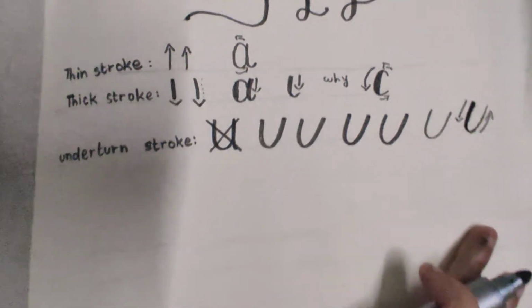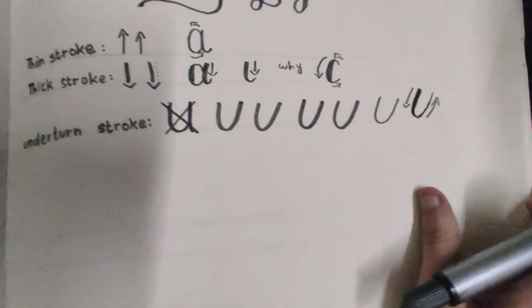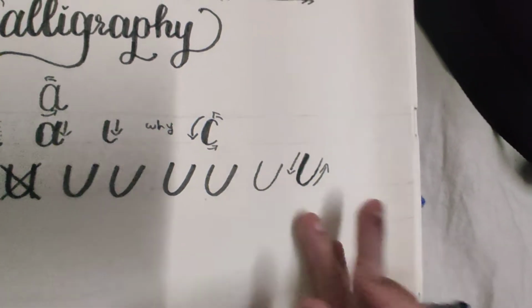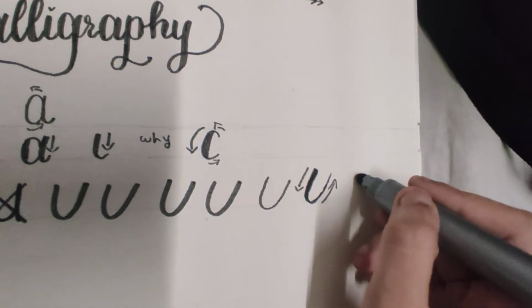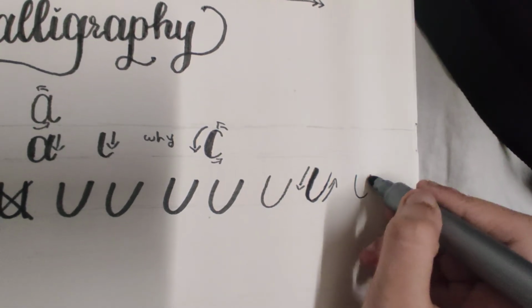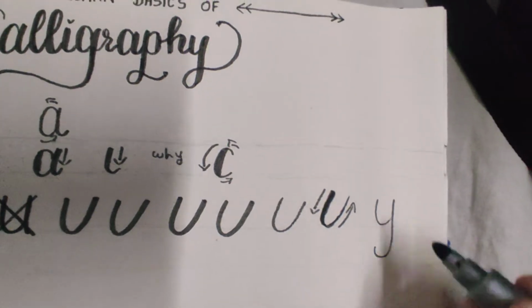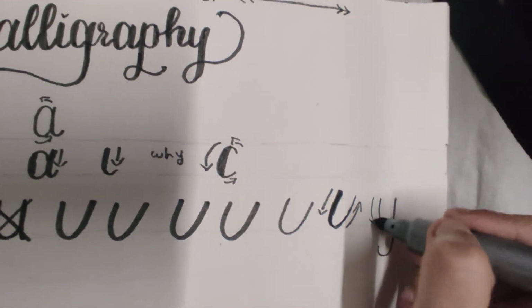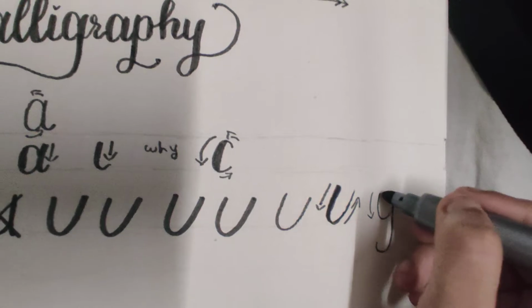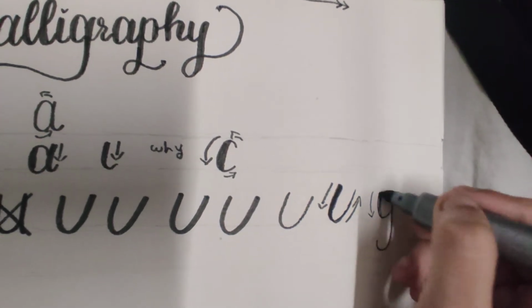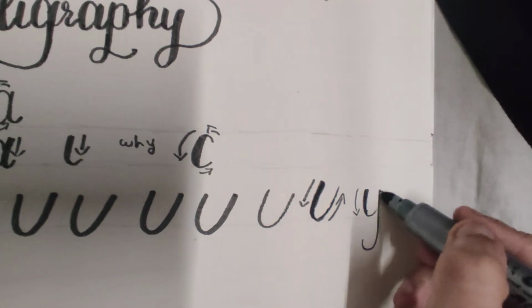So now let me give you an example of this. Suppose we make the letter Y. In letter Y, we will make this part thick because this is going from up to down. And also we will make this part thick.